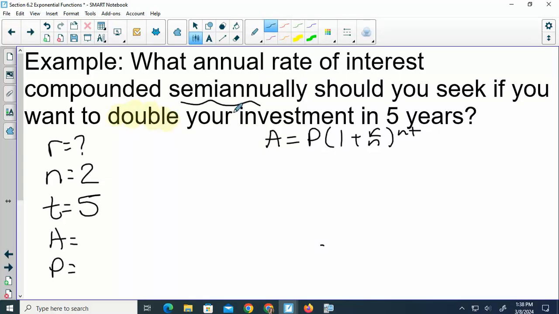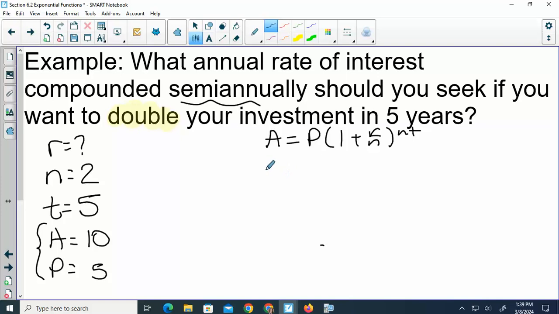So there's different options for how to set this up, but I found it's usually easiest for people just to plug in a number. So let's pick a number. How much money do you want to start with? Any number. There's no wrong answer. $5. If I double it, how much do we end with? $10. So we just made up a starting amount and then doubled it.